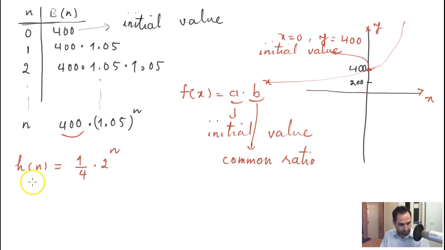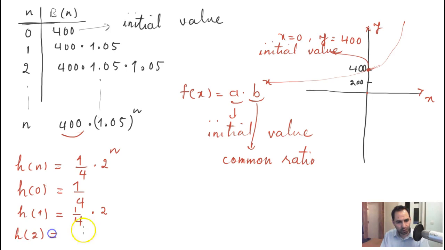Now here, for example, h of 0 is equal to 1/4. H of 1 is equal to 1/4 times 2. H of 2 is equal to 1/4 times 2 raised to the power 2.